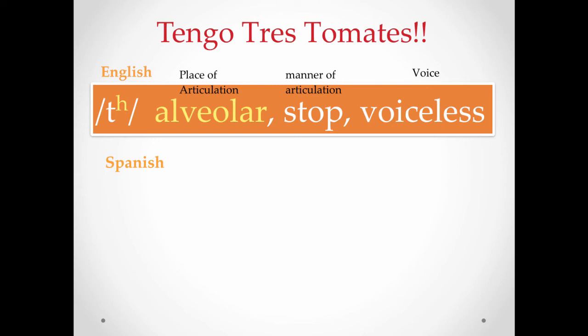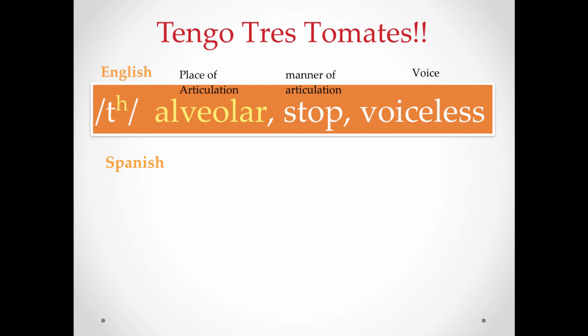Why? Because the place of articulation and the aspiration is different for the beginning T sound in English.